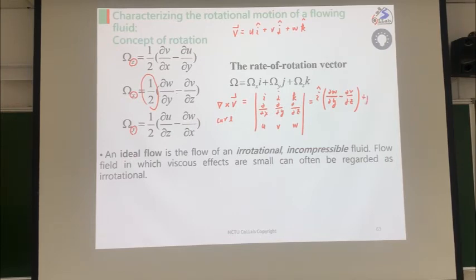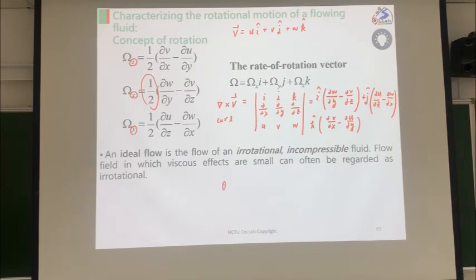Then if you check the j direction, that means the rotation axis is along the y direction, and we have du/dz minus dw/dx. And in the k direction, it is equal to dv/dx minus du/dy.